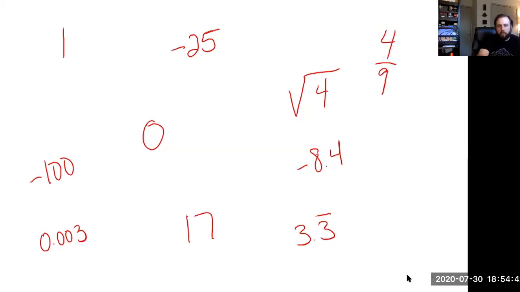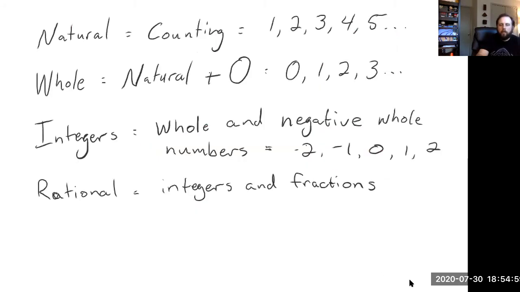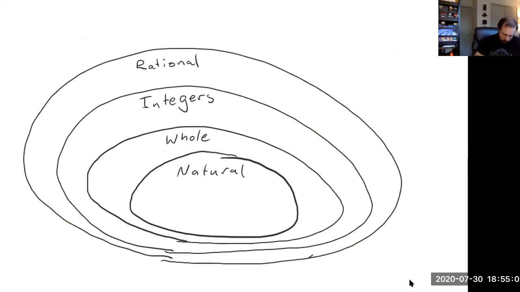So those numbers would include 1, 17, and then this number also right here, the square root of 4, which is 2. So when we go back here to our Venn diagram, we can add those numbers, 1, 17, and the square root of 4, which is 2.